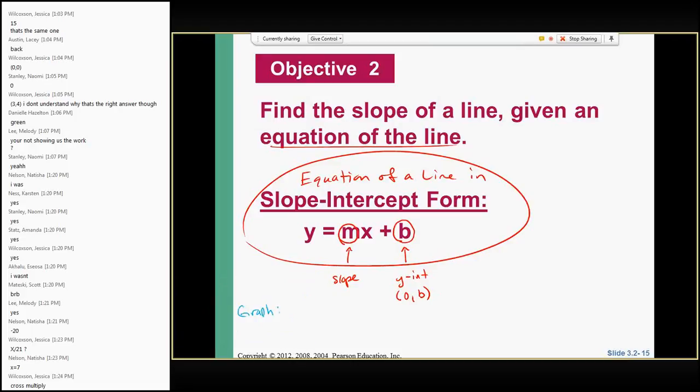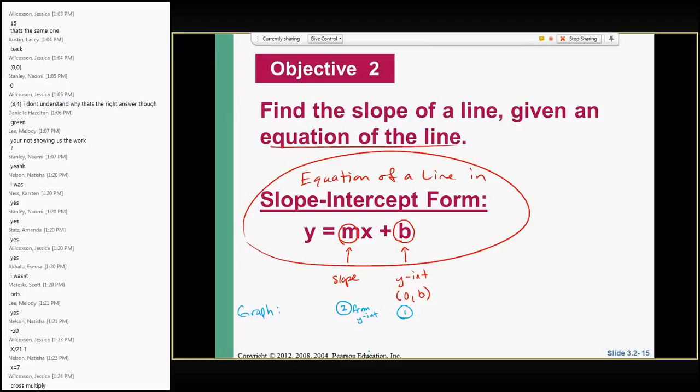When you graph it, you always graph this first, and then you graph the slope from the y-intercept. So you graph your y-intercept first, and then you graph the slope from the y-intercept.